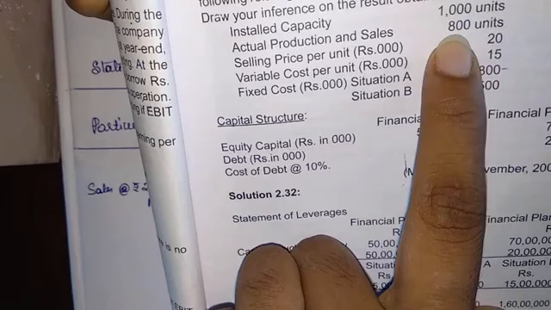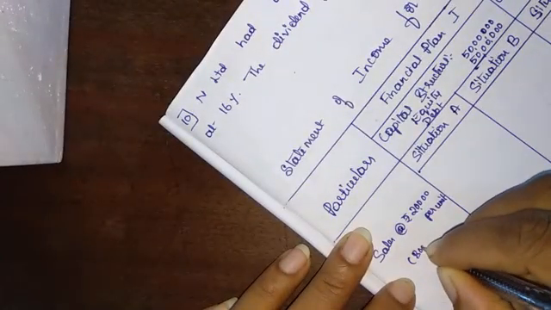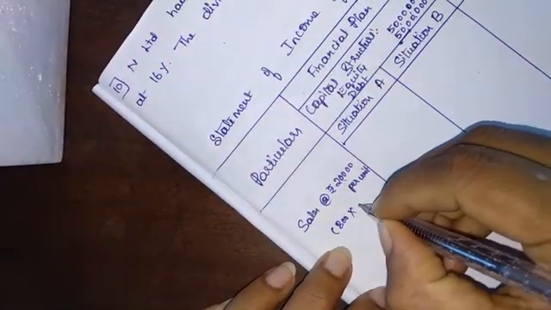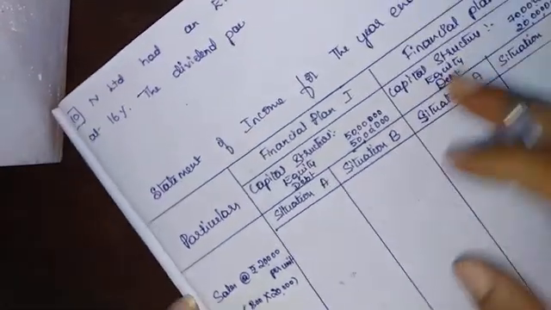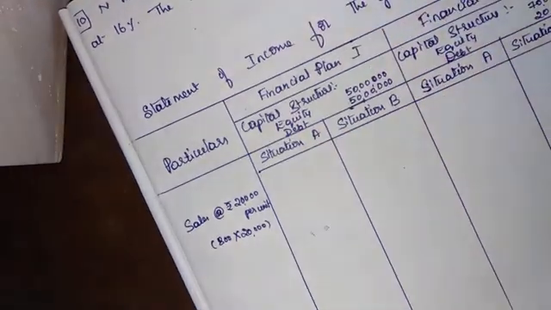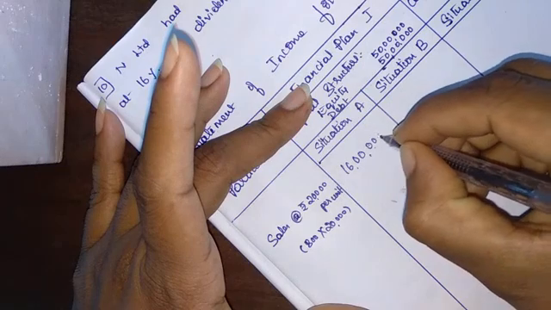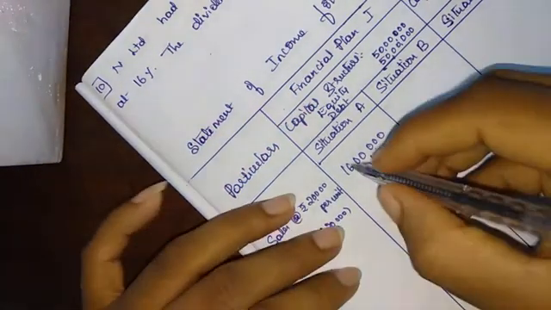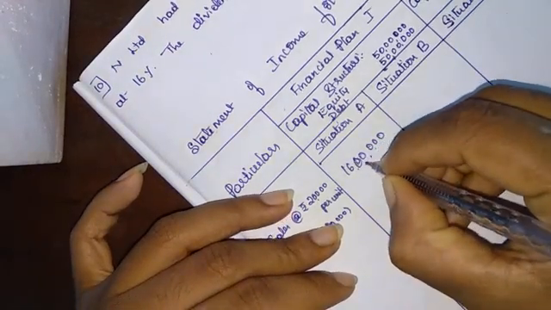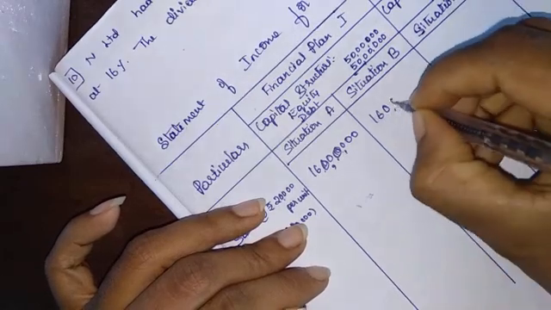So 20,000 into 800 is 160 lakhs, the same for both plans and both situations. That is 1 crore 60 lakhs, or 160 lakhs.